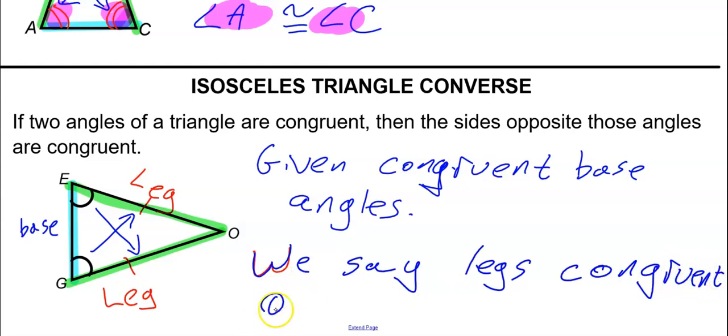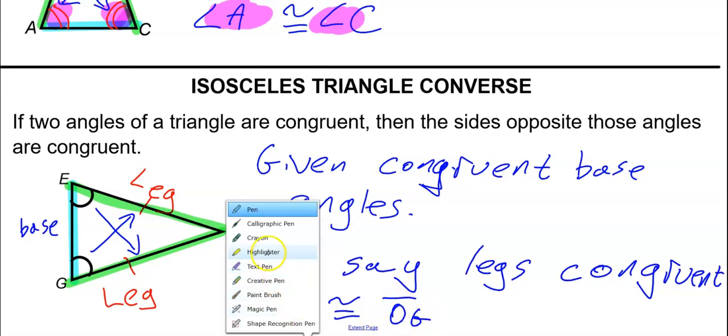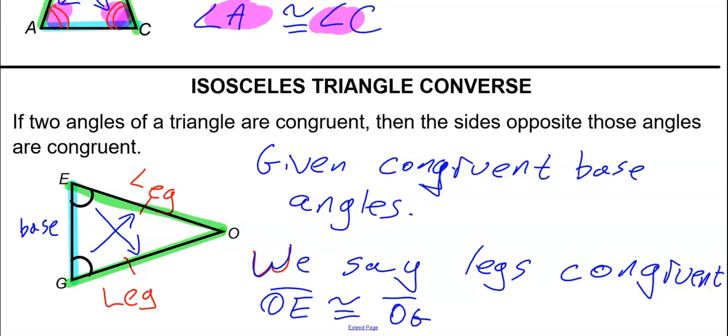We said segment OE is congruent to segment OG, the two green segments. Boom. So we've got our base, our legs, our base angles, vertex.